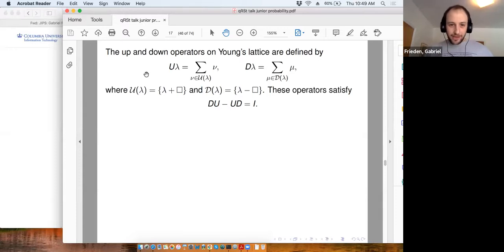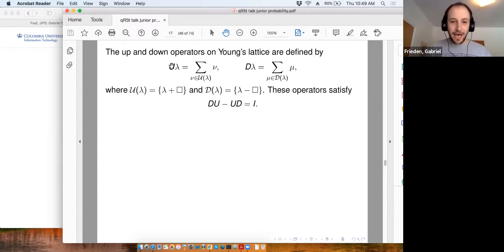One way to think about it is to use the up and down operators on the lattice of partitions, Young's lattice. The up and down operators are linear operators on the vector space with a basis indexed by all the partitions.